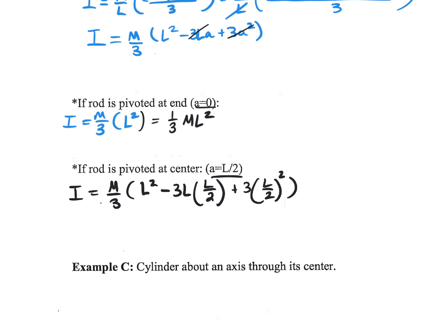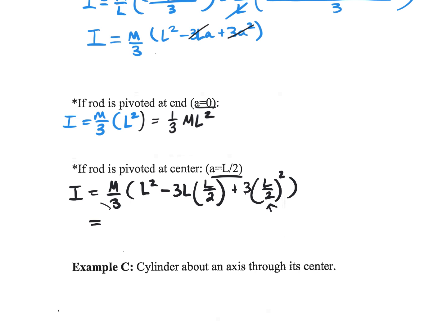All right, so now what does this become? We got L squared minus 3L squared over 2 plus 3L squared over 4. They don't cancel out because the 2 is squared here, isn't it?